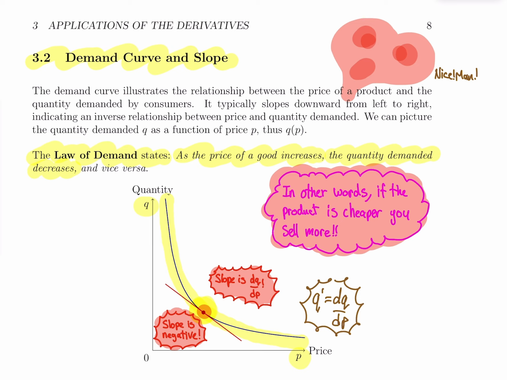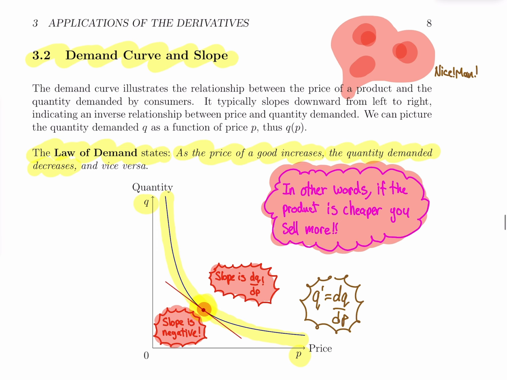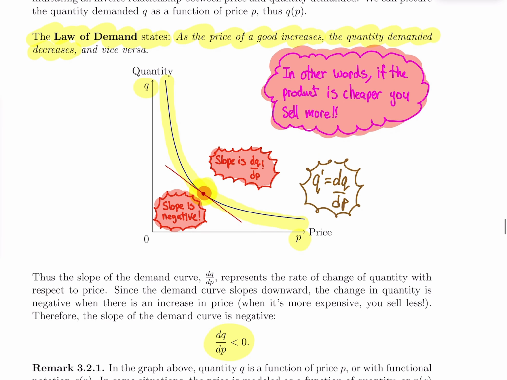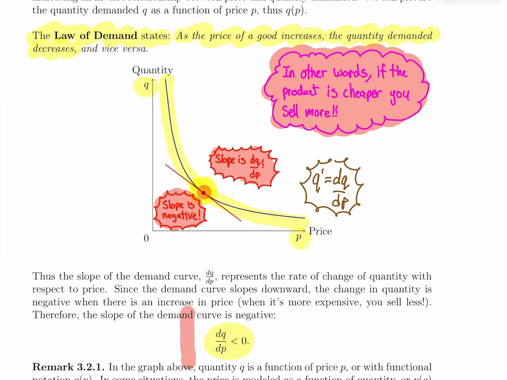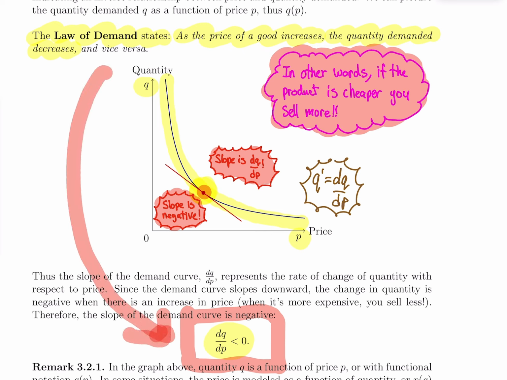I have this summarized here: dQ/dP is strictly less than 0. So again, here we're just making this move from the definition in business, the law of demand, and making it into an equation using calculus.